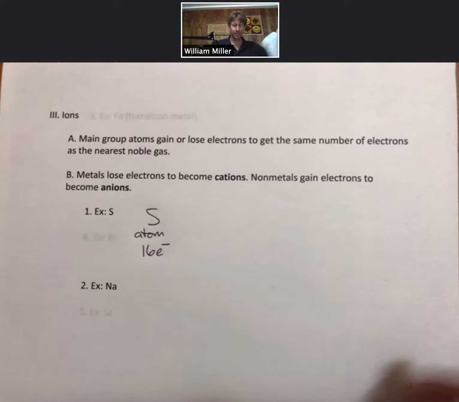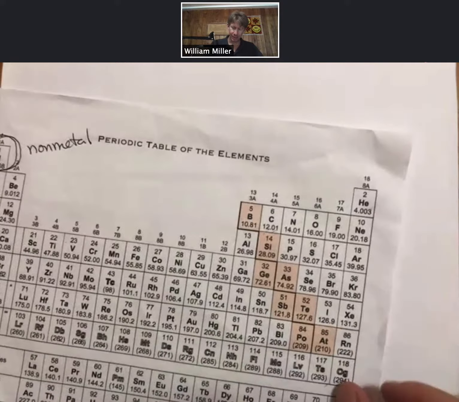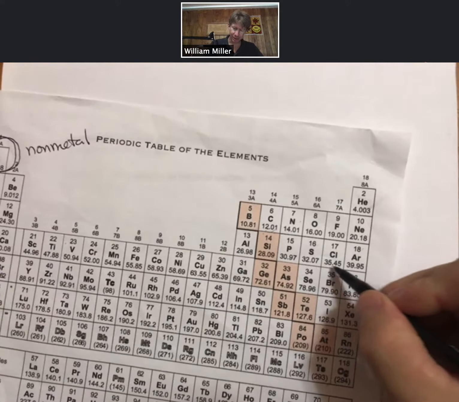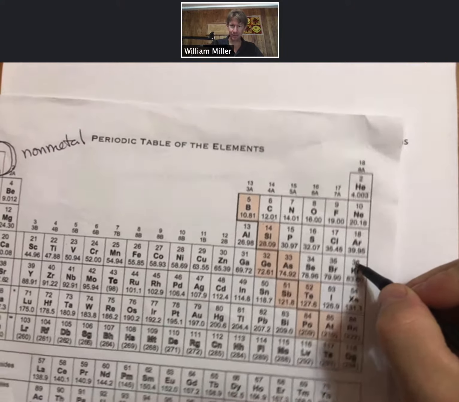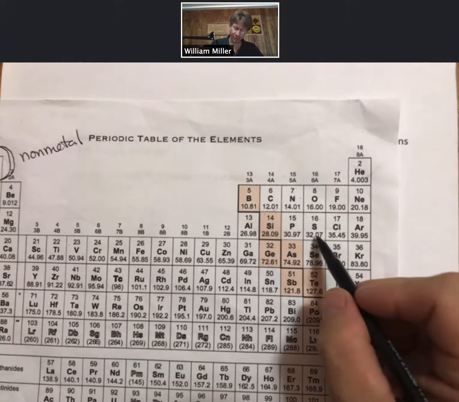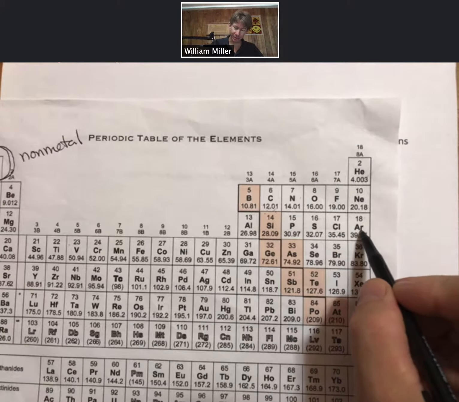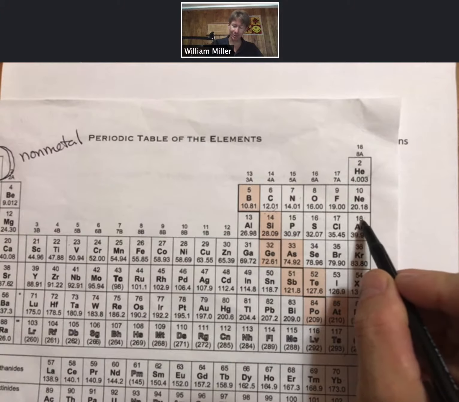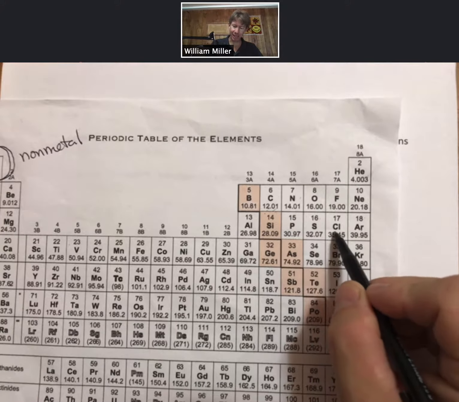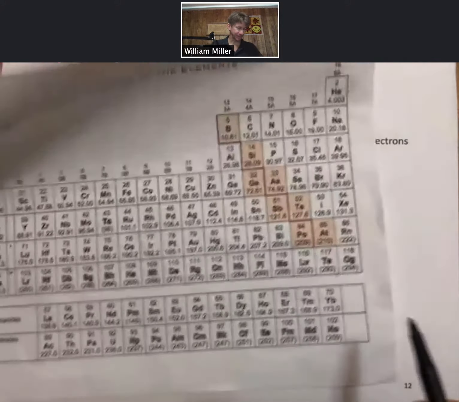From there, we see that the nearest noble gas is going to be argon. And in order to have the same number of electrons as argon, which would be 18 electrons, sulfur must gain 2 more electrons.